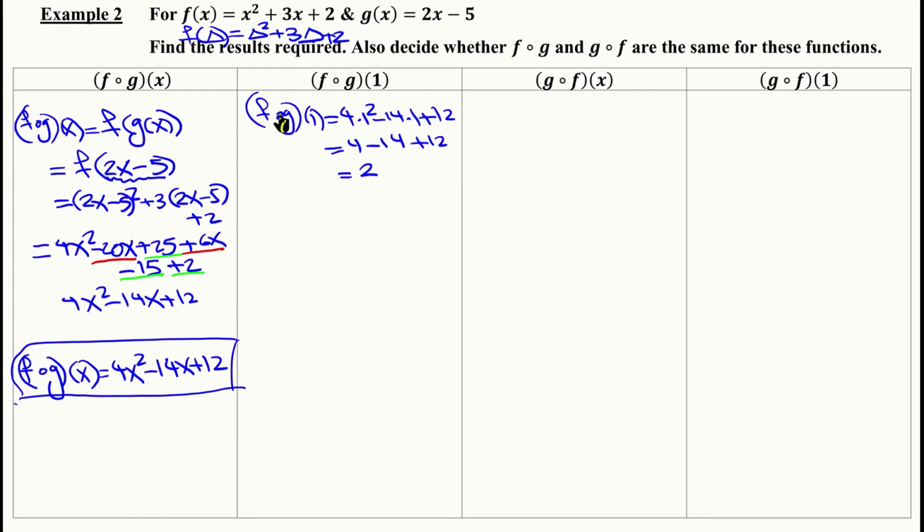All right, so that's using the f circle g of x result.